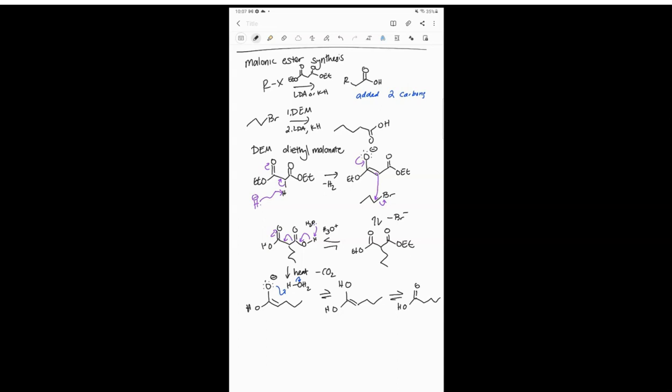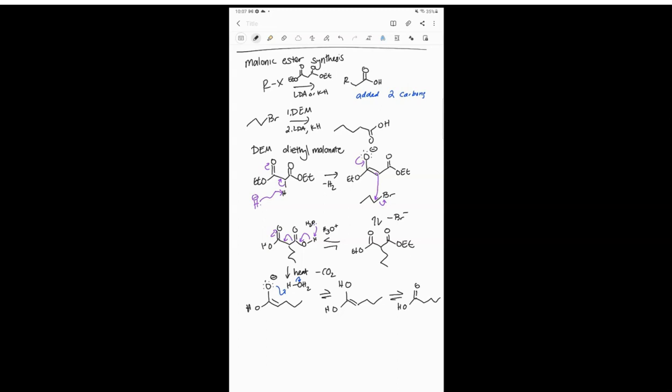So first step, deprotonation. Use your strong base to do it. Remember, you were using the strong base here because we want it irreversible, and it'll be kind of the best way to go here. Once we do that, we can go ahead and attack our electrophile.